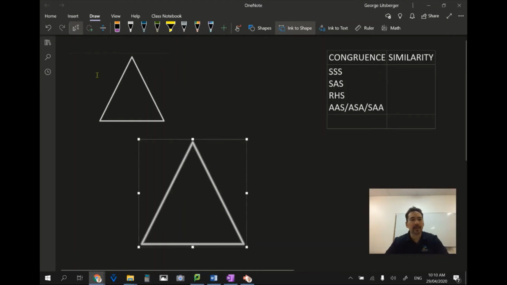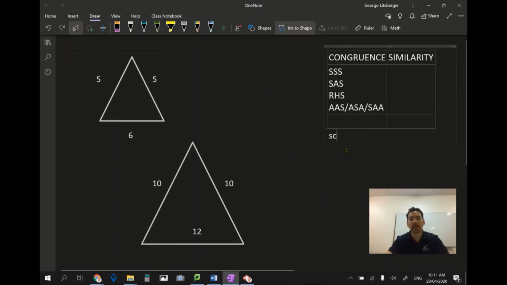Okay, let's say I've got a side here of 5 and a side here of 5 and a side here of 6. And on the bigger triangle, if this were 10, and if this were 10, and if the base was 12, then we would say that these two triangles are similar. Now, what is our scale factor?